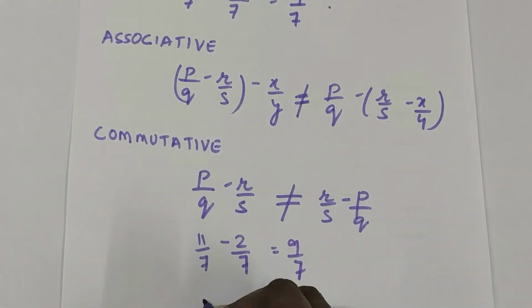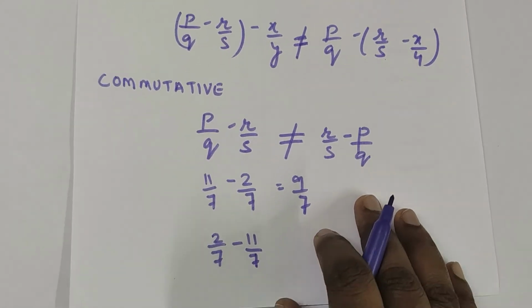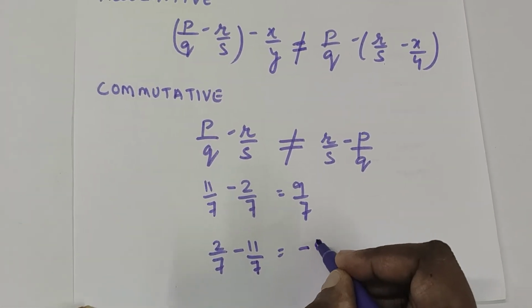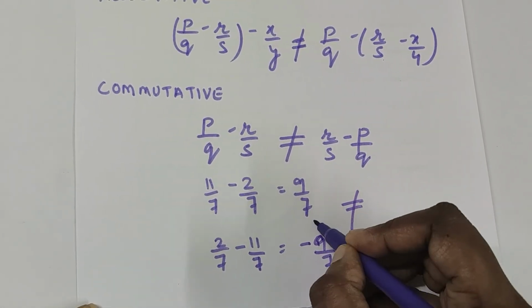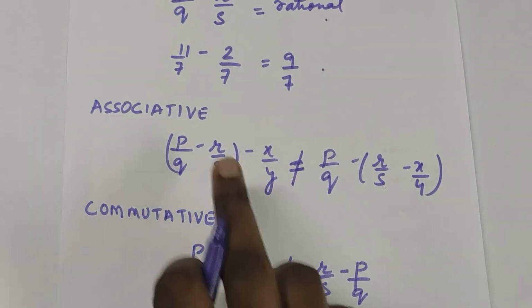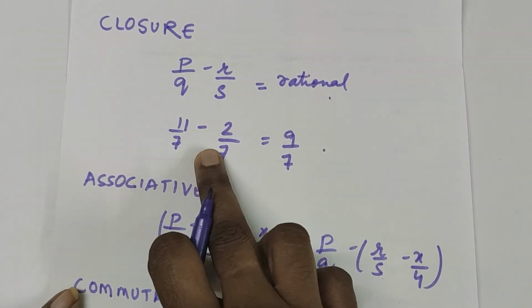If I do 2 by 7 minus 11 by 7, the result will be minus 9 by 7, which is not equal to 9 by 7. So subtraction is not commutative, it is not associative, but it only follows the closure property.